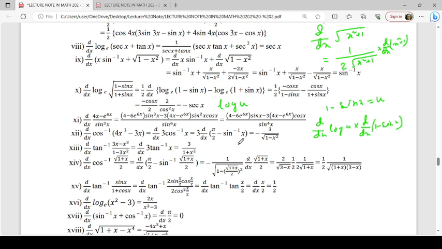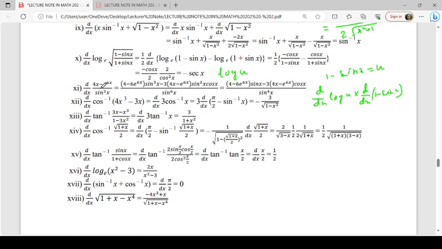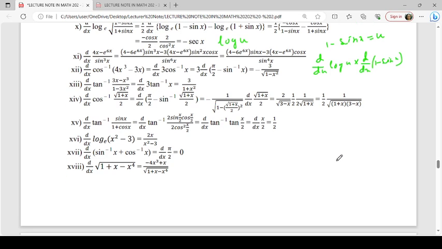Then 4x e to the power 6x. So these are all examples. It does explain these things. Root over 1 plus x by 2, it is 1 by 2 root over this one.